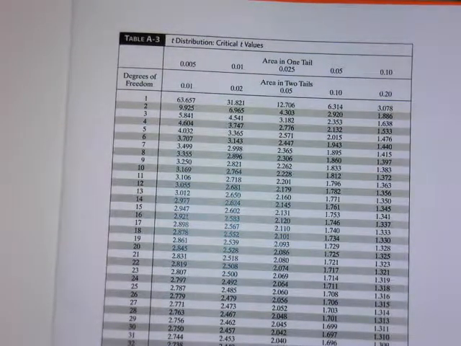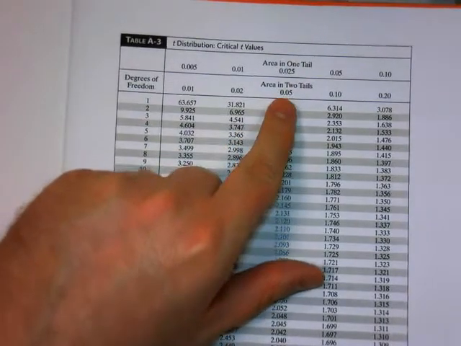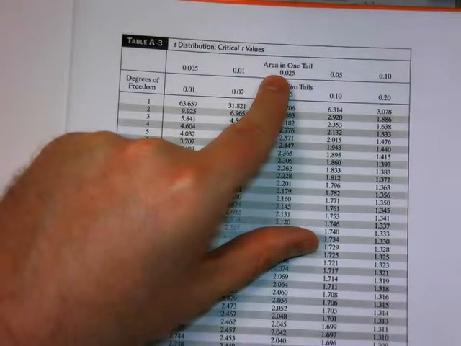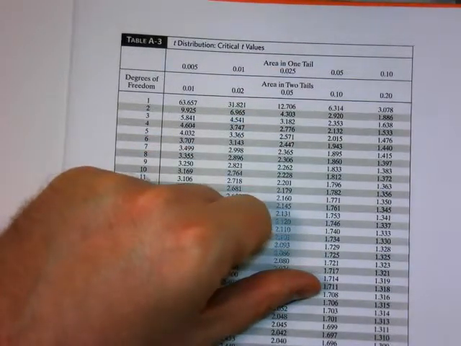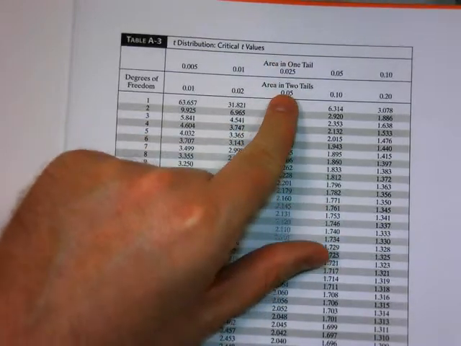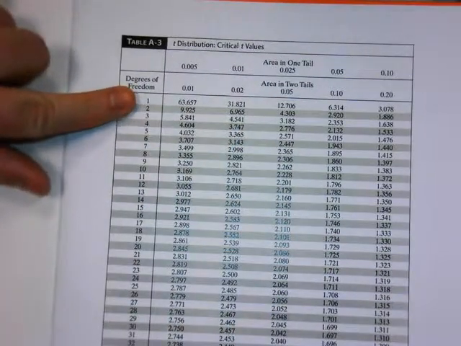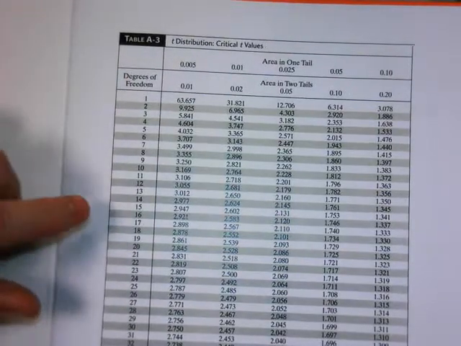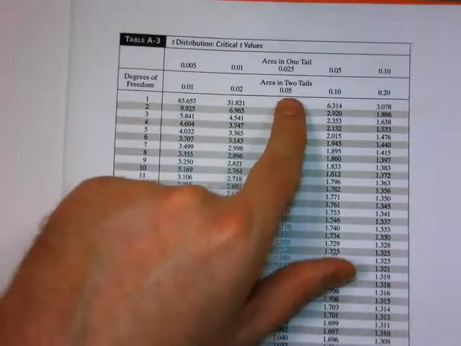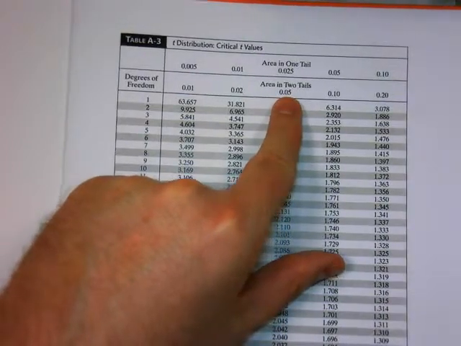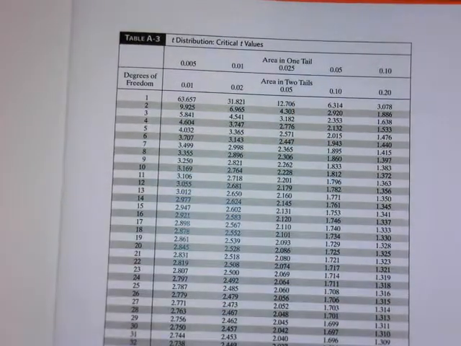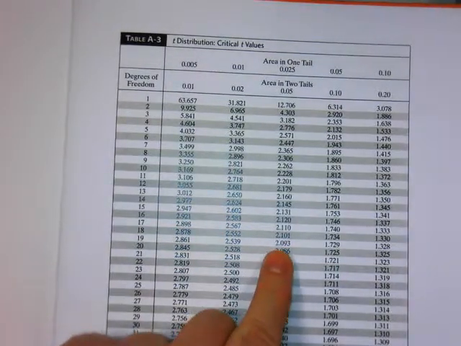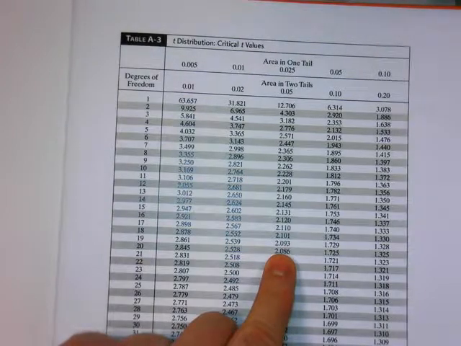So we have 5% in two tails, or 0.025 in one tail. So we're looking at that column. The other thing is, notice on the left-hand side we have degrees of freedom. It starts at 1, goes up by 1. What we're looking at is 0.05 in two tails with 21 minus 1, which is 20 degrees of freedom. So we're looking for this value, 2.086.